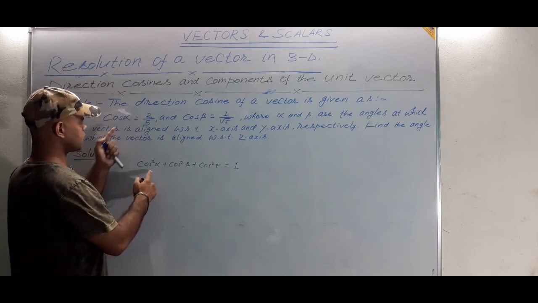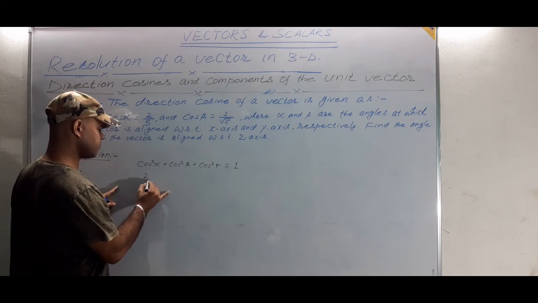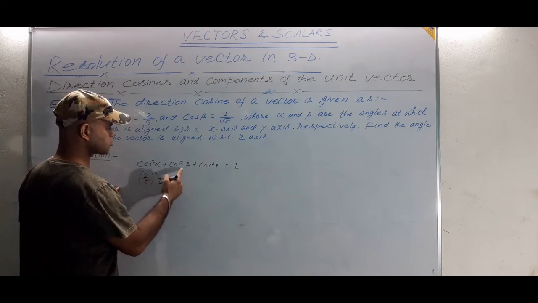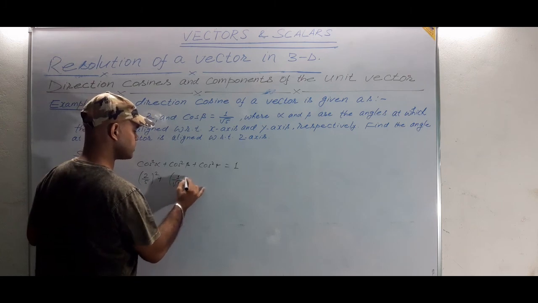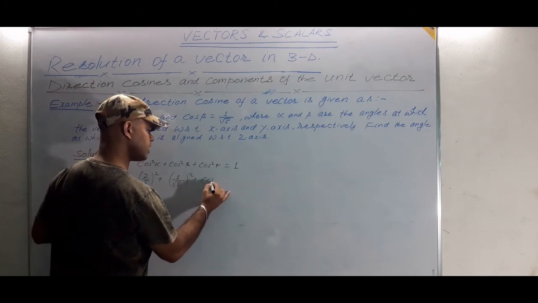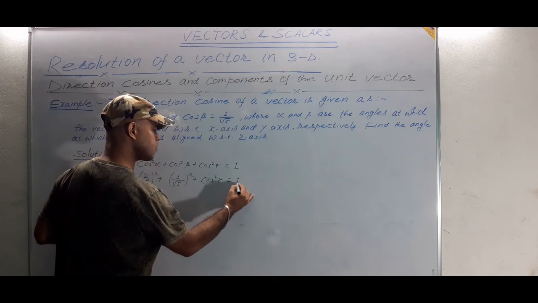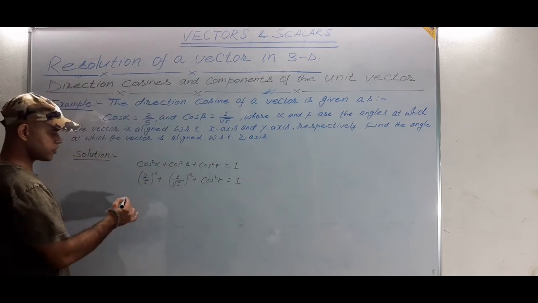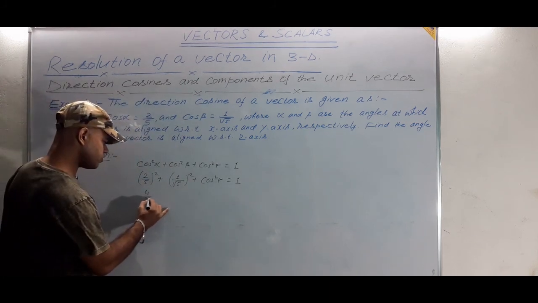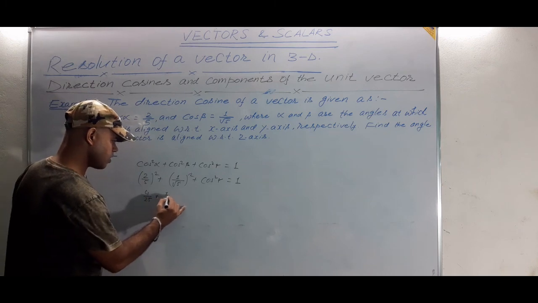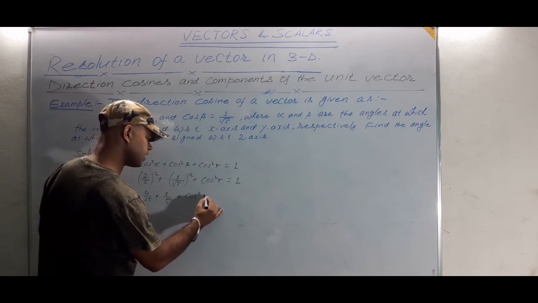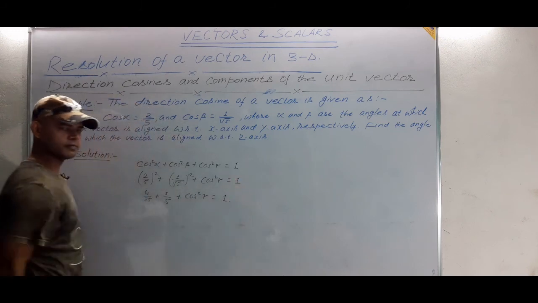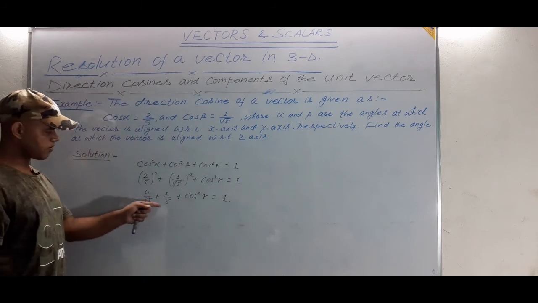So put the values. Cos alpha, so (2 by 5) square, plus cos beta, so (1 upon root 5) square, plus cos square gamma is equal to 1, right? So how much do you get? 4 upon 25 plus 1 upon 5 plus cos square gamma is equal to unity. How much do you get from here?